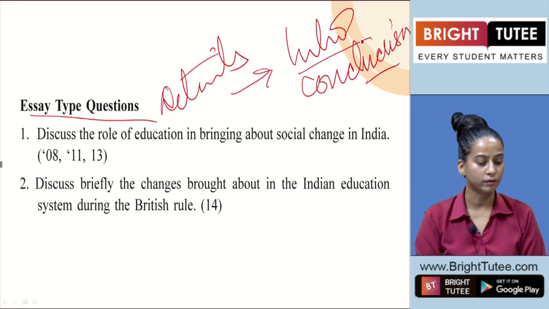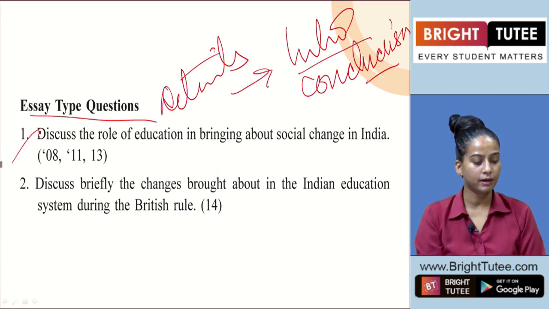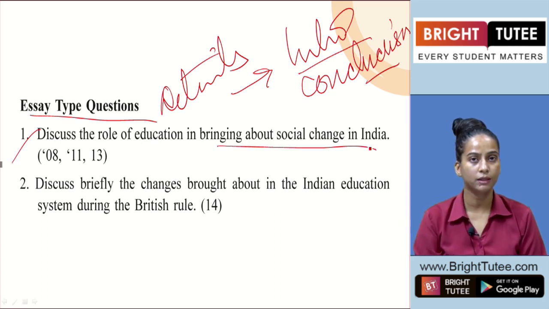Each and every point you have to write down, and then you need to explain that point according to the question. The question number first, they have asked, discuss the role of education in bringing about social change in India.